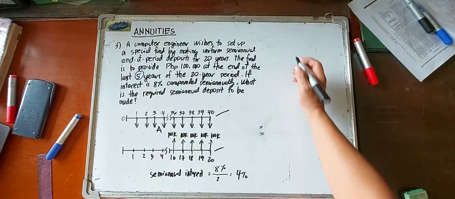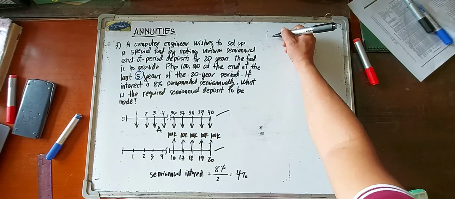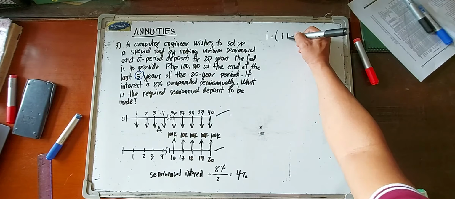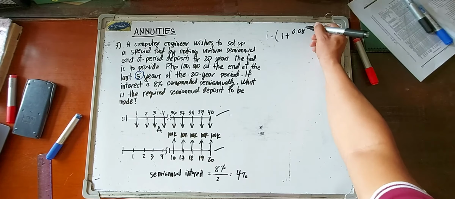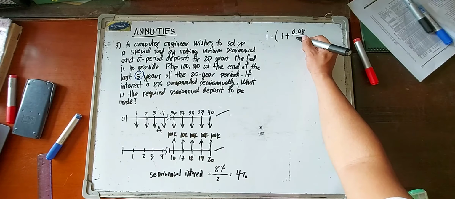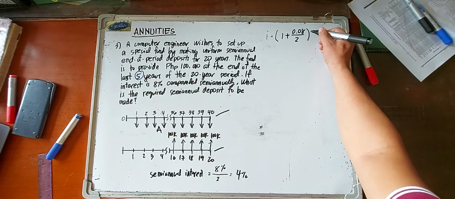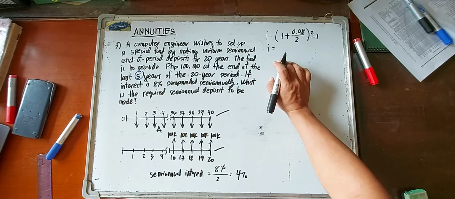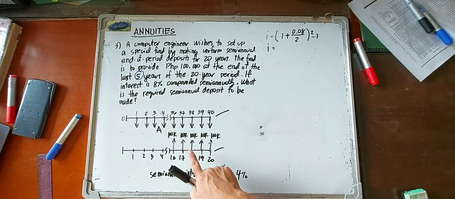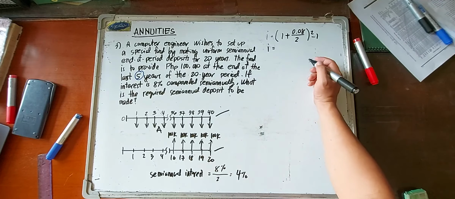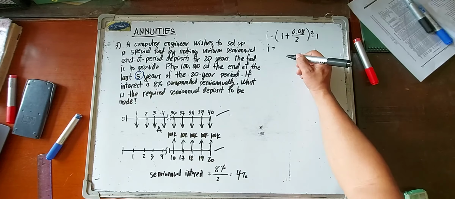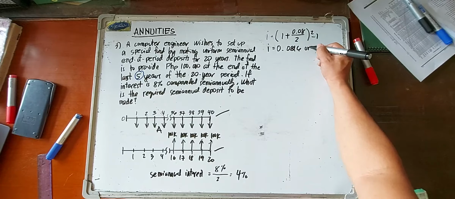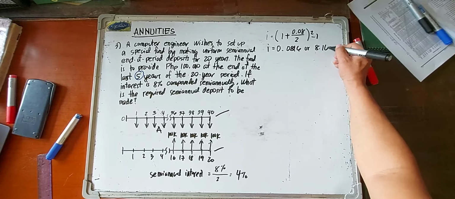Okay? So, the effective rate of interest, which will be used later on for this particular cash flow, is equal to 0.0816, or that is 8.16%.